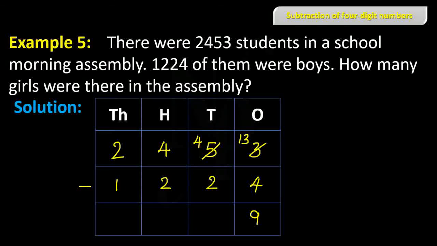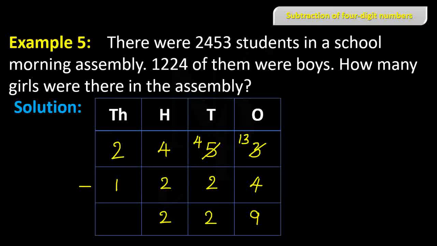Here we have 4 tens and 2 tens. So 4 tens minus 2 tens is equal to 2 tens. Or 4 minus 2 is equal to 2. Again here 4 minus 2 is equal to 2.